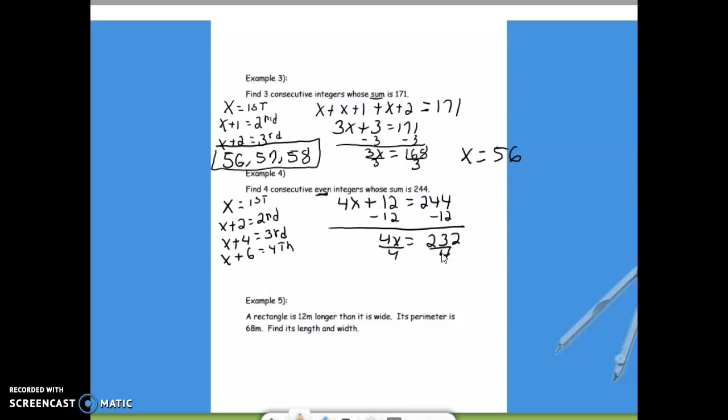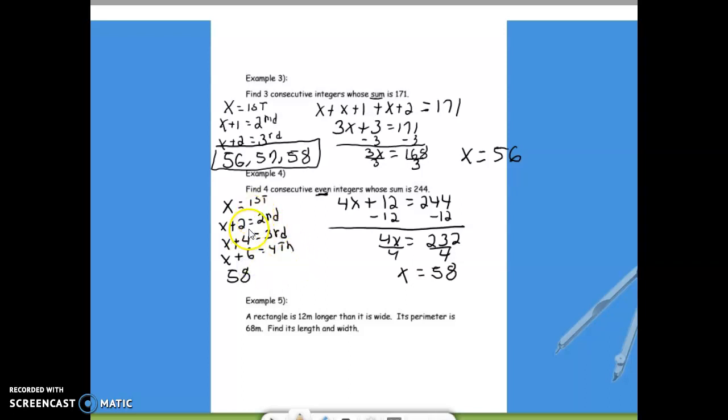So 4 goes into 232 58 times, all right? So x is going to be 58. Hey, that's an even number, right? Good. So remember, we got 58.